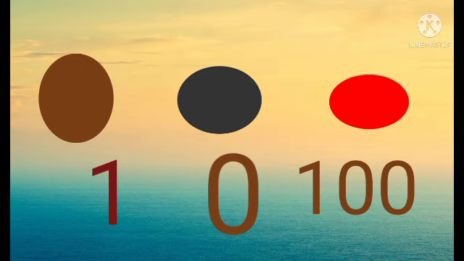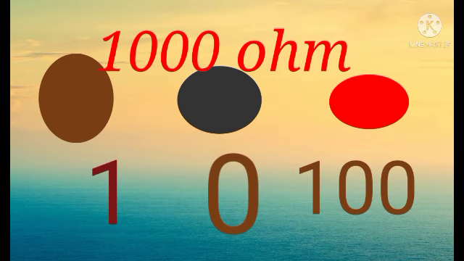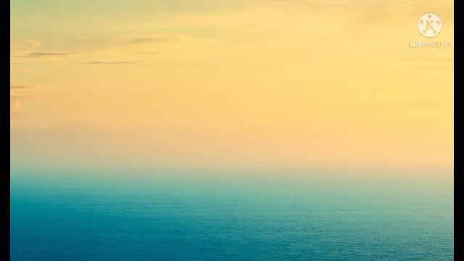So we got the total value, that is 1000. So the value of the given color code resistor is 1000 ohm. And this way we can find out the value of a resistor by using the color code chart.